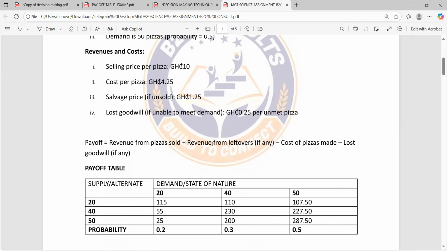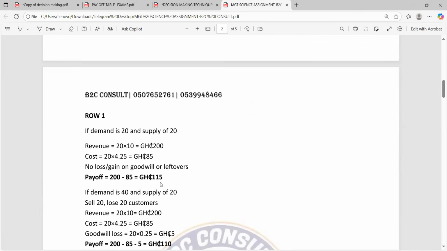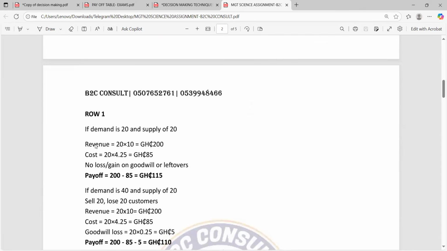So there will be no revenue from leftovers. Now, the cost for making 20 pizzas, that is the supply, will be 4.25 times 20. Then the loss, there was no loss on it. So it is going to be just the revenue less the cost. There was no loss or gain under 20 to 20.